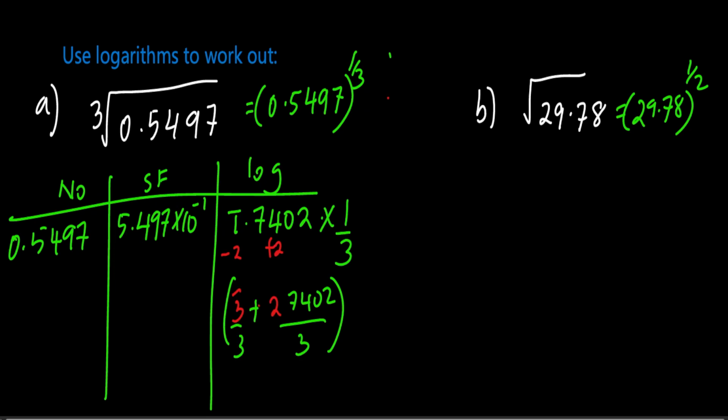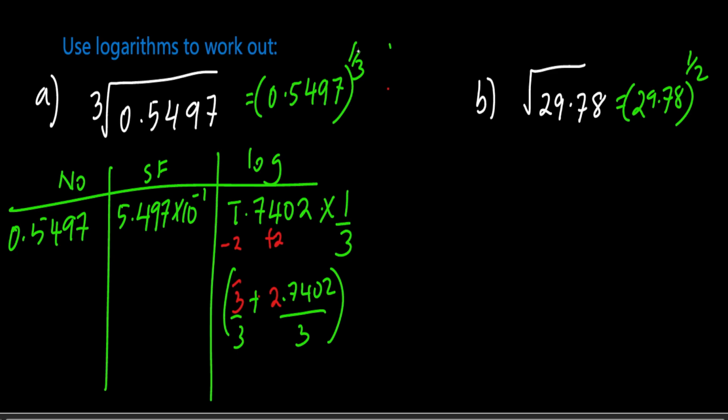Instead of writing bar 1, subtract 2 is going to be bar 3, and instead of writing 0.7402, we add 2 to make 2.7402. So you divide by 3. Okay, so I did that already. Bar 3 divided by 3 gives you bar 1.